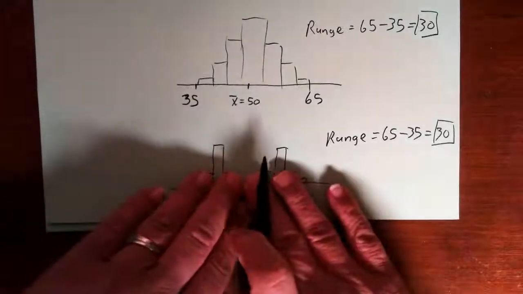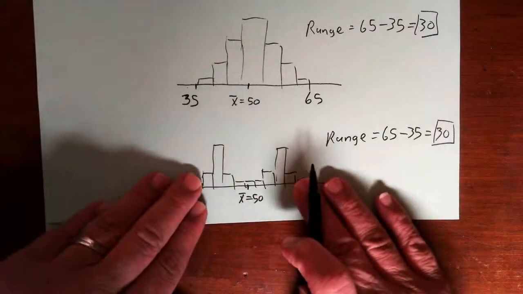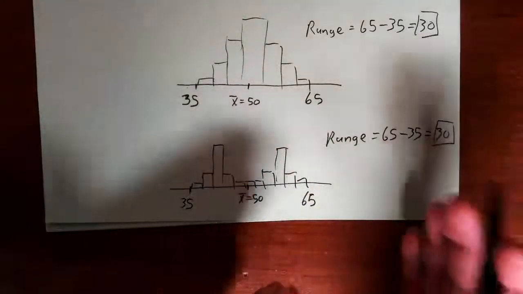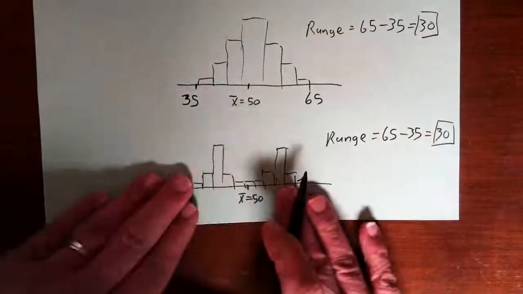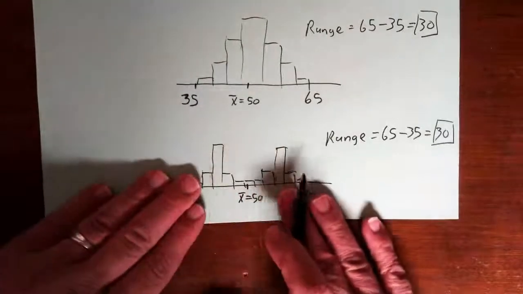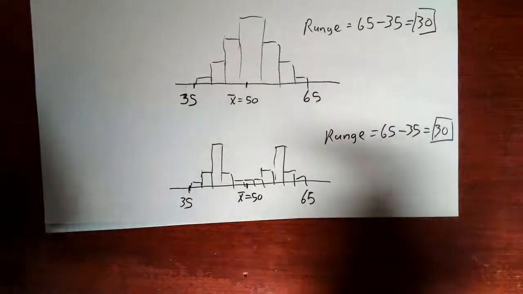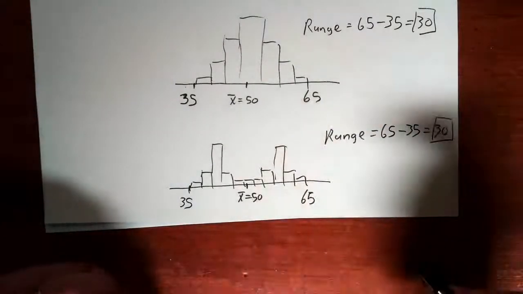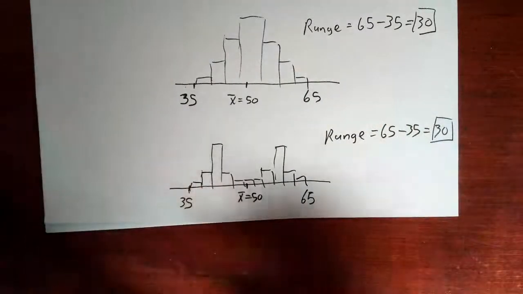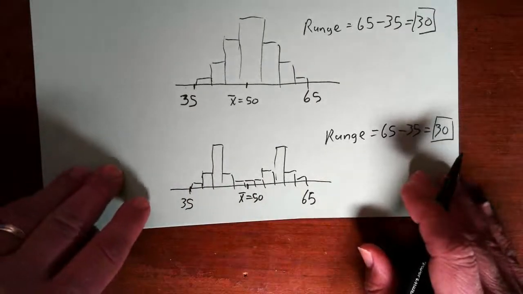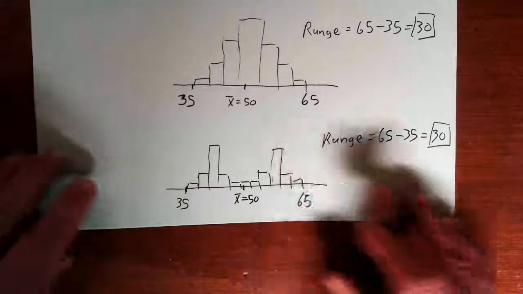So this, in a sense, is more spread out. Okay, and so this one, even though they have the same range, in a sense, should have more variation or more spread. But the range doesn't catch it because it only takes into account the minimum and maximum values. So what we want is a measure of variation that takes into account every value in the data set.